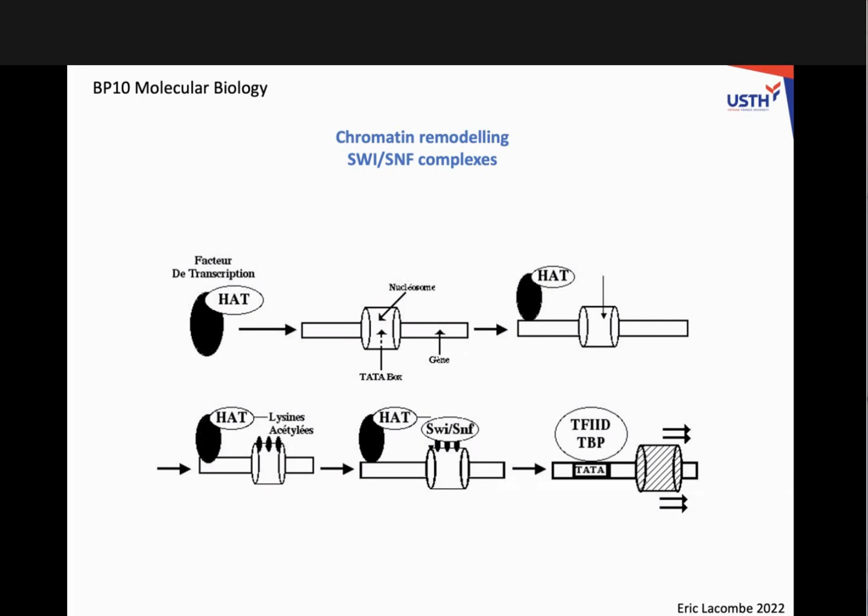Okay, I understand. Yes. And so there are a lot of diseases, such as some cancers, that come from excessive sliding of the nucleosome. What is a cancer?